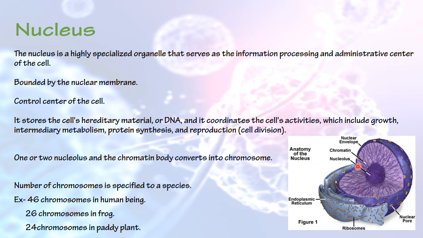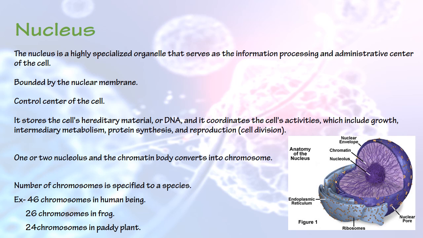Okay, inside this nucleus, you can see some dark structures that are called the nucleolus. The number of chromosomes is specific to a species. Humans contain 46 chromosomes. Chromosomes means DNA inside the nucleus.